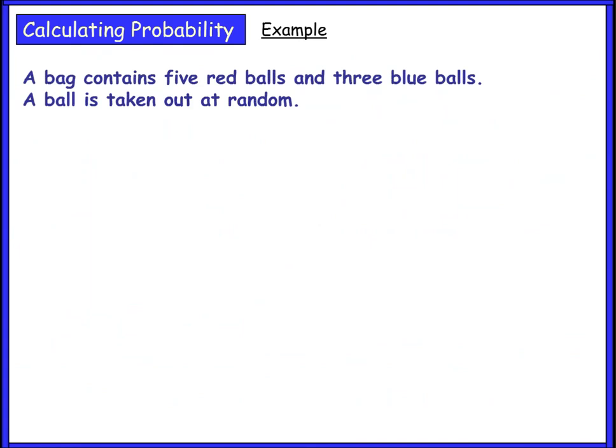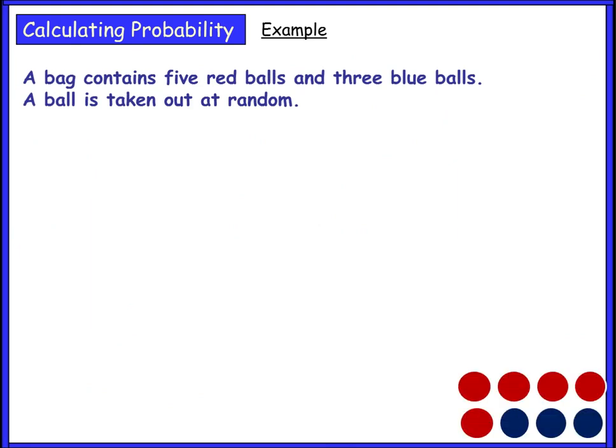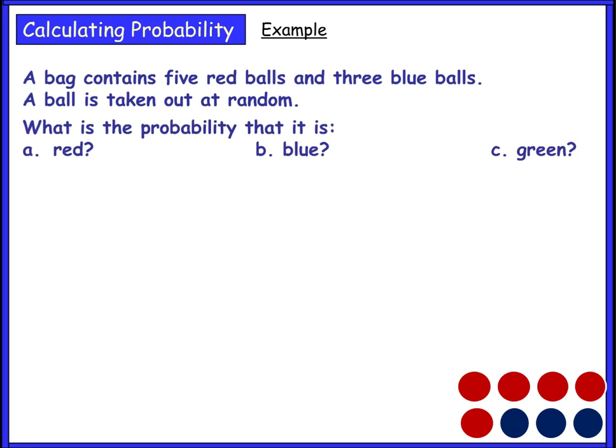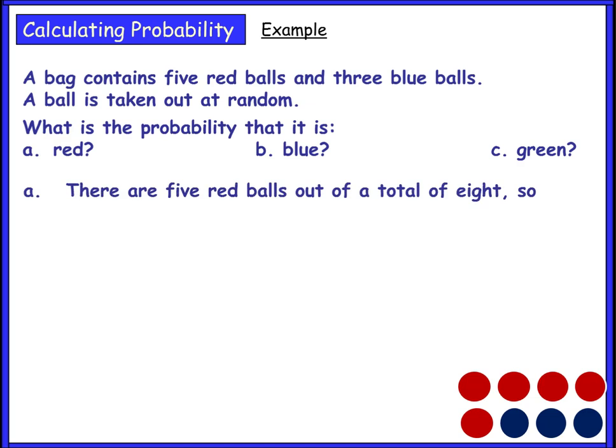Example. A bag contains 5 red balls and 3 blue balls. 1 is taken out at random. What's the probability that it's red? So write P(red), probability of red. It's given by 5 out of 8. And that's how we write it down. Question 2, probability it's blue.